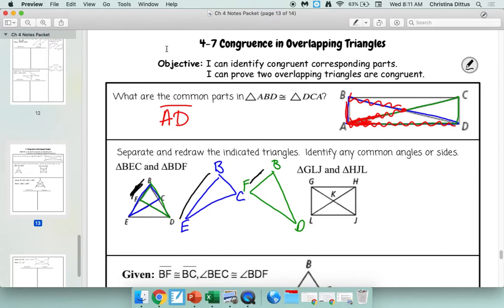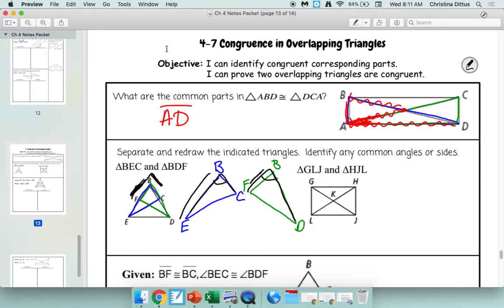However, what they do have in common is this thing up at the top. Wouldn't you say that this angle B, no matter which one you're looking at, is the same angle? Does everybody see how they share that whole angle B? Whether you're looking at FBC, or FBD, sorry, or CBE, that's the same measure.